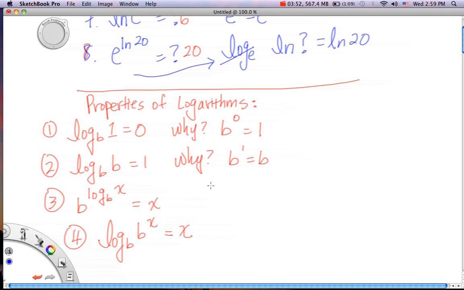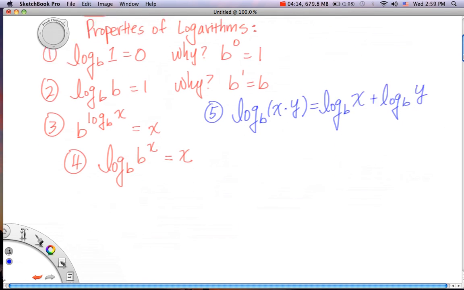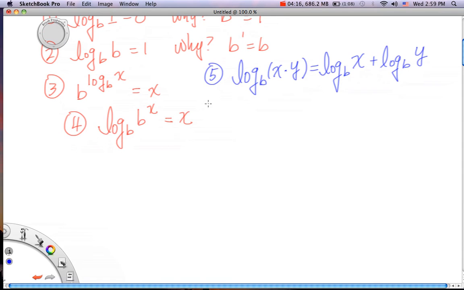The next 3, you want to use in 11.5, which says this: if you have log base b and you have two things multiplied together inside parentheses before you take the log, that's the same as taking the log of each one and adding them together. Let's be careful about these though, because sometimes people use these rules incorrectly.